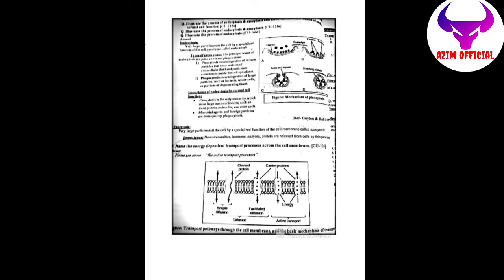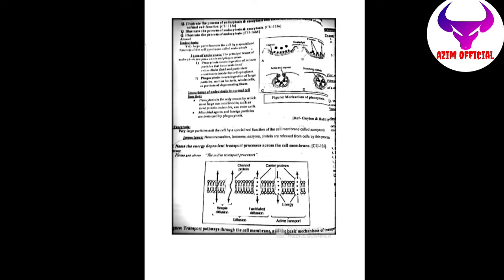Yes, but in active transport, what are the types of active transport? Sir, pump and vesicle. Say like this: primary active transport and secondary active transport system.